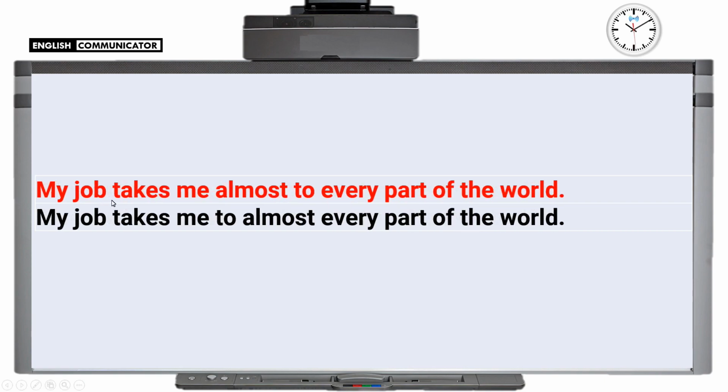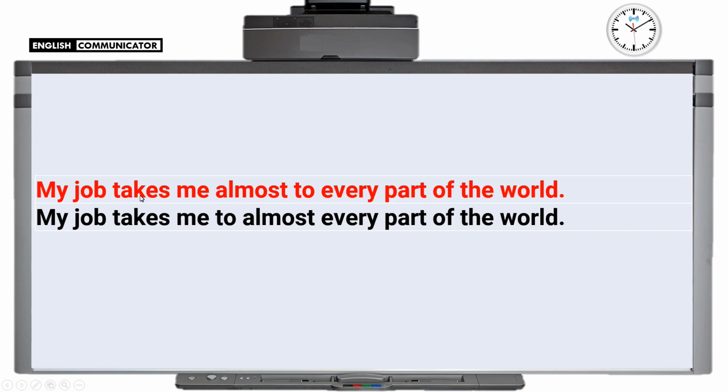My job takes me almost to every part of the world. My job takes me to almost every part of the world. So there is something wrong in the order of the preposition. You say my job takes me to almost every part.